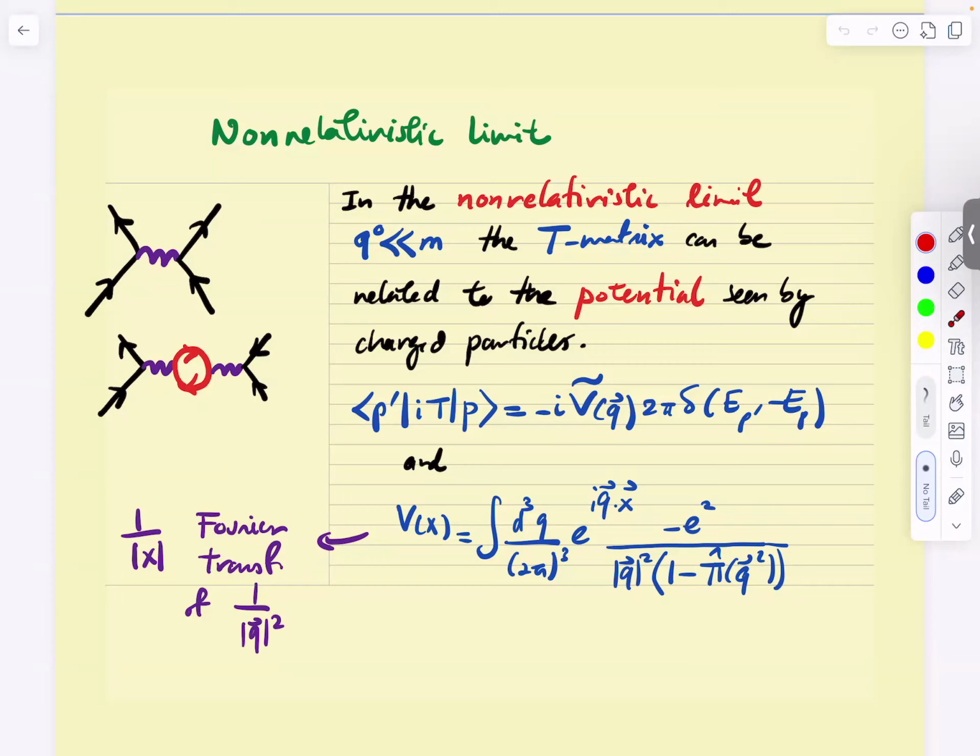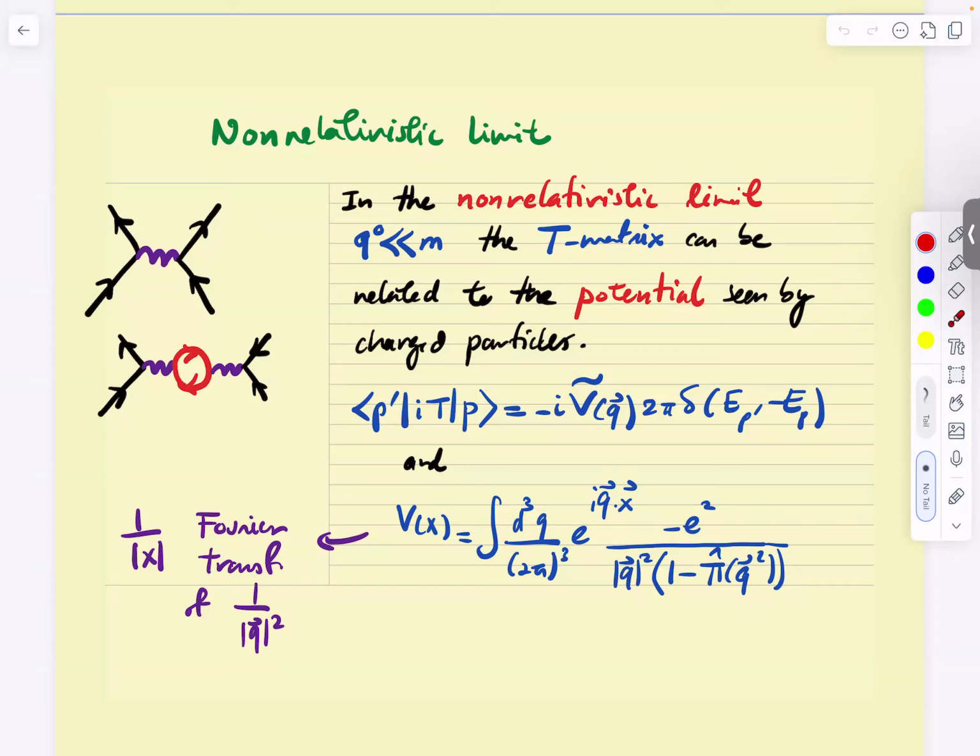You have two electrons, or electron positron, and there is this potential that tells you classically how they interact. This tells you about the first quantum corrections, the QED corrections for this.